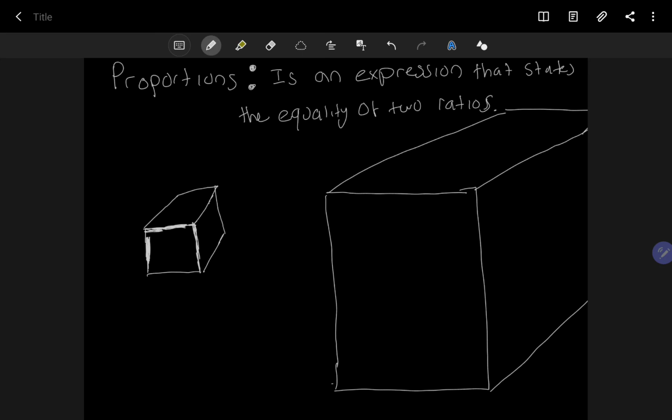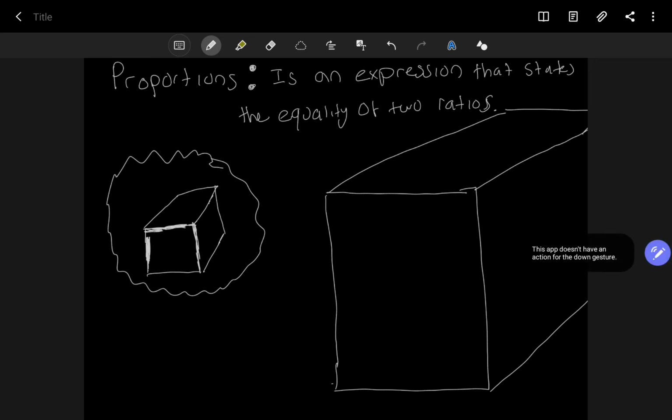So what I'm going to do is create something that is a little bit smaller, just like they do with houses or buildings. When they create the first thing that they're going to show everybody, hey, this is a scale model of how the building will look. And so that's what you're doing with proportions. You're looking at something in a smaller setting before it gets actually built into something way bigger. So that's what a proportion is.